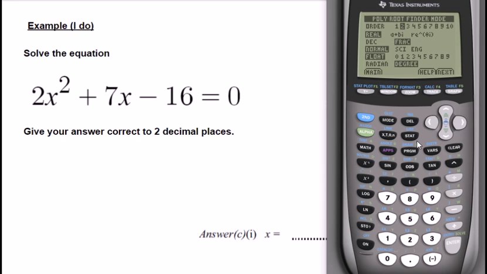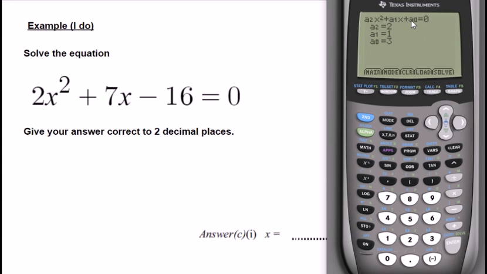I wouldn't worry too much about anything else, so I'm just going to press next. So I press this button to get there. And then you can see it wants a2x squared plus a1x plus a0 equals 0. So it's a bit complicated, that, but basically think of that as kind of ax squared plus bx plus c equals 0.